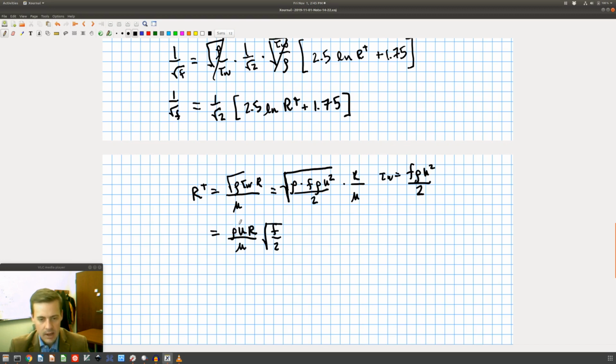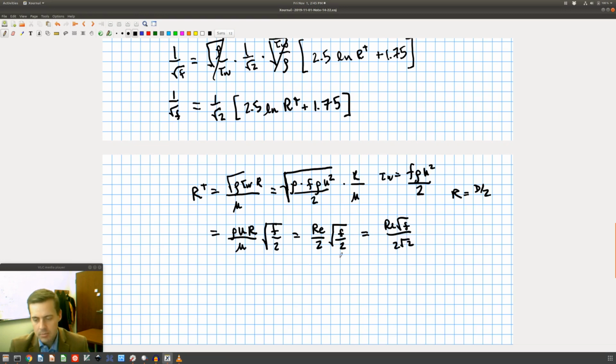Okay, well look at that. That right there is the Reynolds number if I swap D for R, right? So R equals D over 2, and I need a D over 2. So this gives me the Reynolds number over 2 times the square root of f over 2, or the Reynolds number times the square root of f divided by 2 root 2.